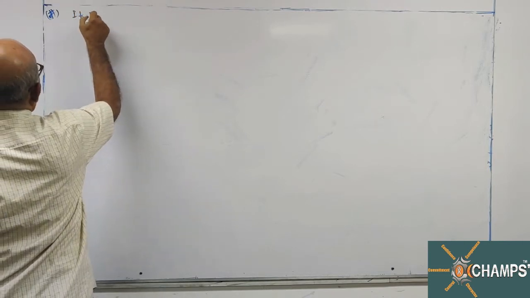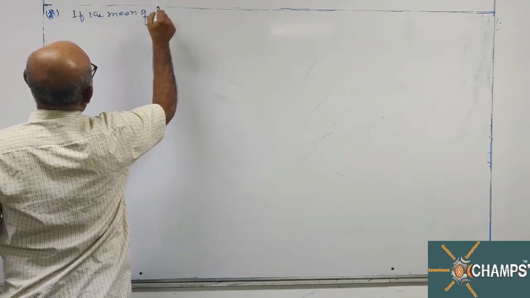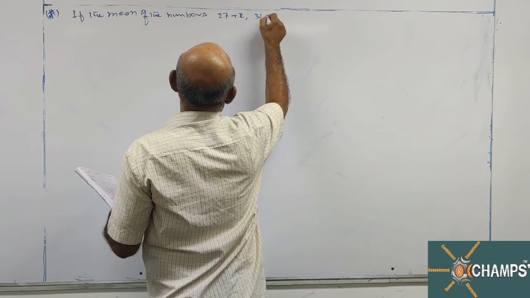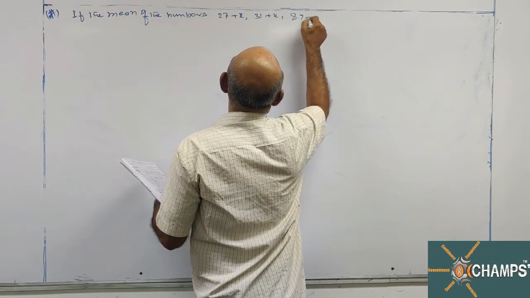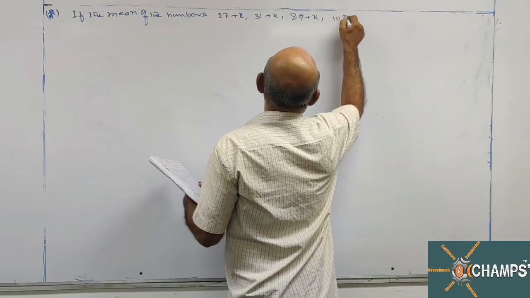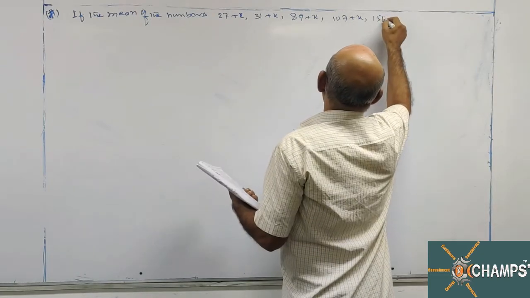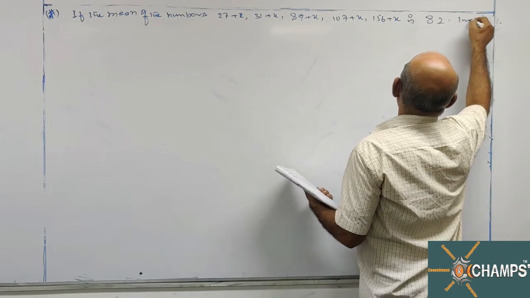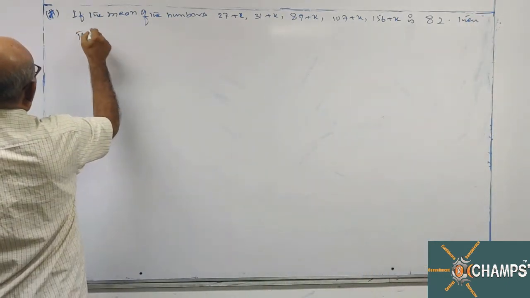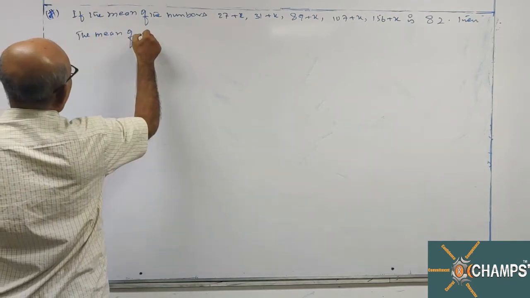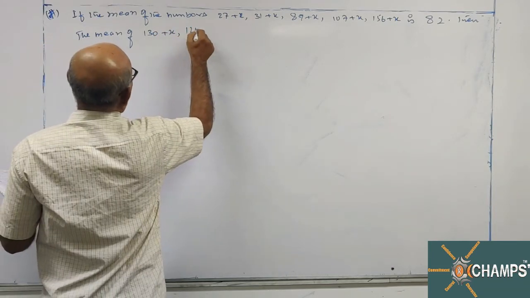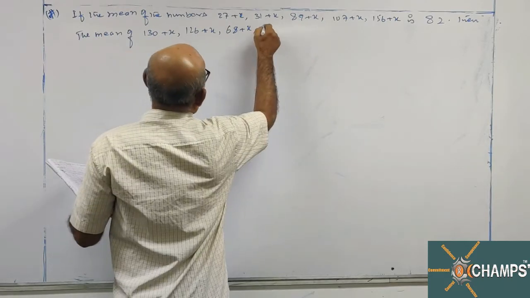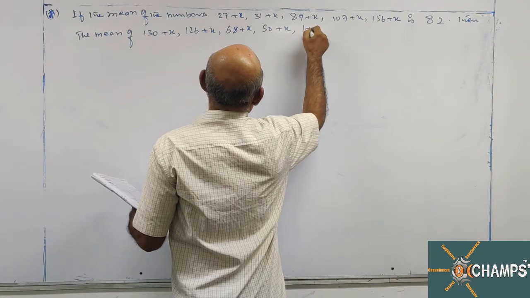Next question, sir. If the mean of the numbers 27 plus x, 31 plus x, 89 plus x, 107 plus x, 156 plus x is 82, then the mean of 130 plus x, 126 plus x, 68 plus x, 50 plus x, 1 plus x is.